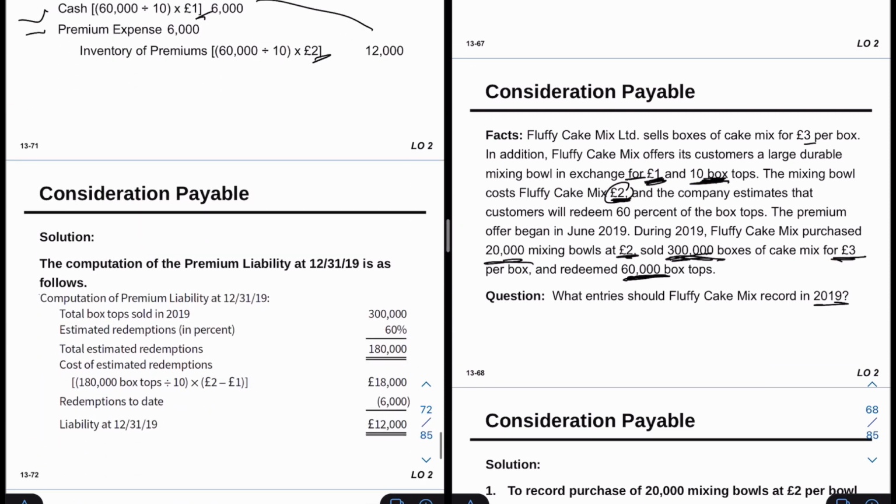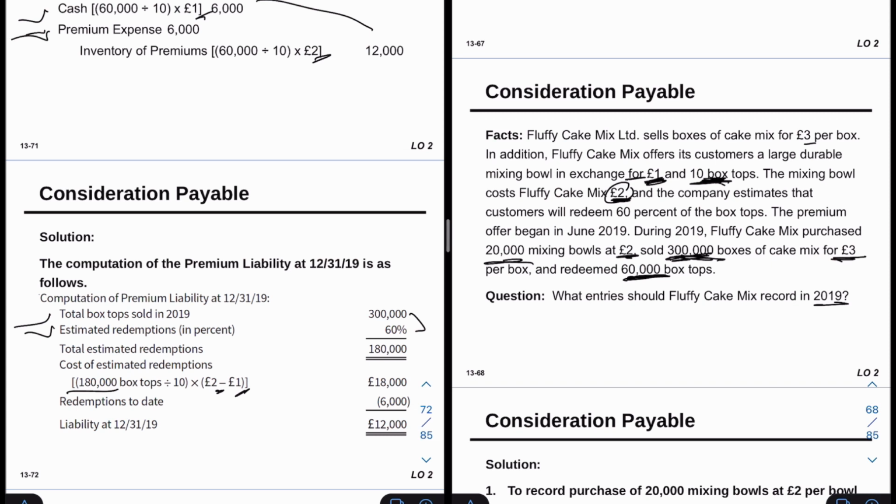Doing that in another way, this is the total box tops sold in 2019, which is 300,000, and they were estimating that 60% will be redeemed, which, if you multiply them, you'll have 180,000. And this amount of the total estimated redemption divided by 10, which is the box tops needed for the bowl, multiplied by the original cost, which is 2, and minus the amount that we are offering to our customer, you'll have 18,000.